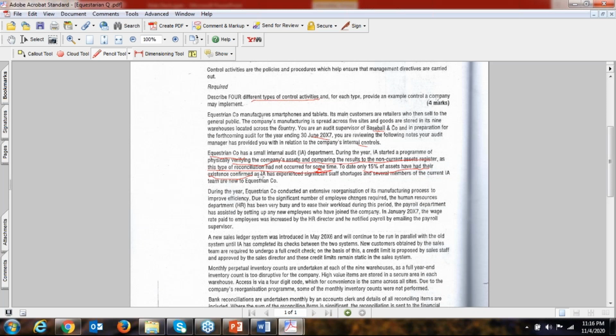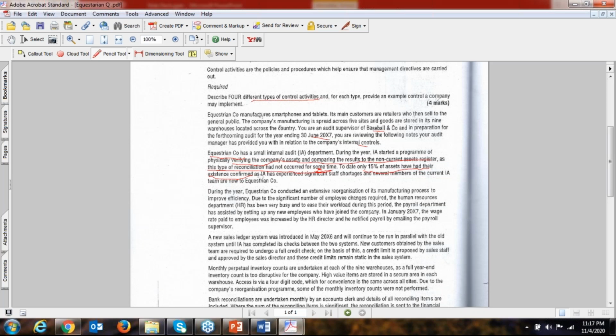Why is it a deficiency? Because the assets do not have confirmed existence. This is the reason for the deficiency, and the impact is that it ultimately leads to overstatement or understatement of the non-current assets in the financial statements. Do you understand what I said? The deficiency is that only 15% of assets have had their existence confirmed. Why is it a deficiency?